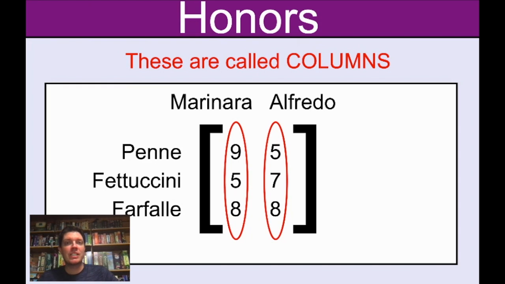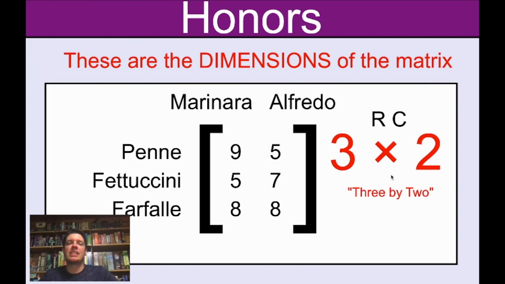Now, matrices have something really important for us this trimester called dimensions. Just like the dimensions on a window or a TV or a piece of wood, we're going to use an X, but not the letter X. We're going to use a multiplication X to represent the dimensions. This matrix has 3 rows and 2 columns, so I would describe the dimensions as 3, the multiplication symbol, and then 2.